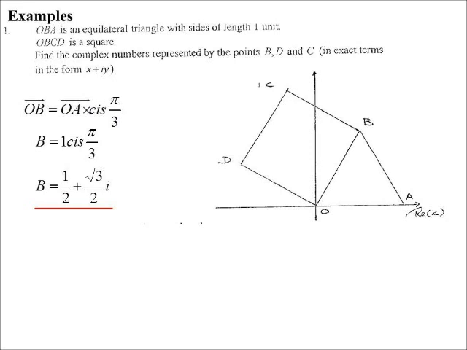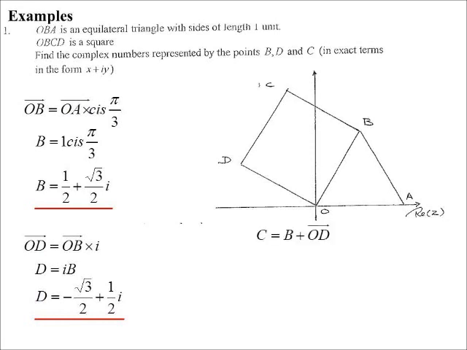The hint was D. It's going to be a lot easier to find D because now I'm just rotating 90 degrees. So OD is equal to OB times i. D is equal to iB. We just worked out what B is, so now I know what D is. Now to get C, I could just add D to B because I can slide this vector up.